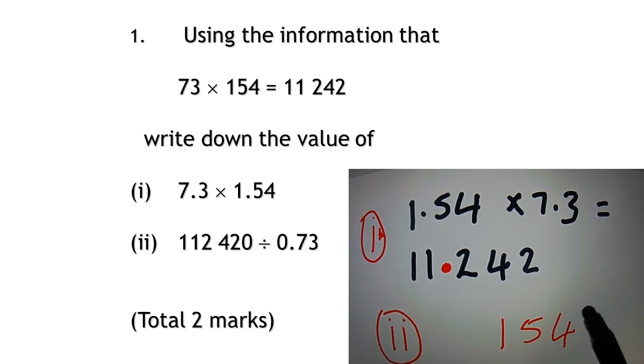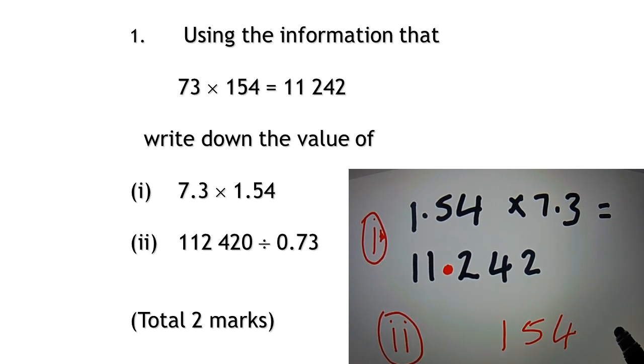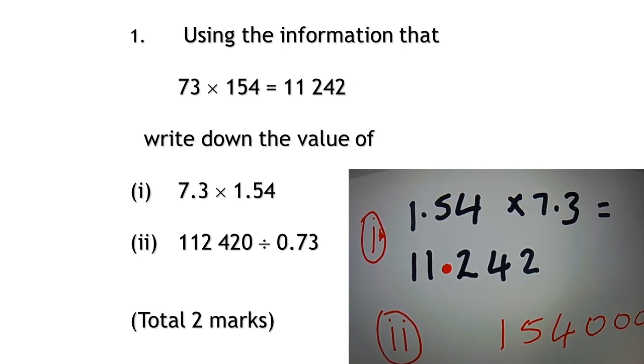But it is not that, because if you notice, 0.73 takes on 100 there, so two more decimal places, plus they add another 0 on. So the answer is 154,000.